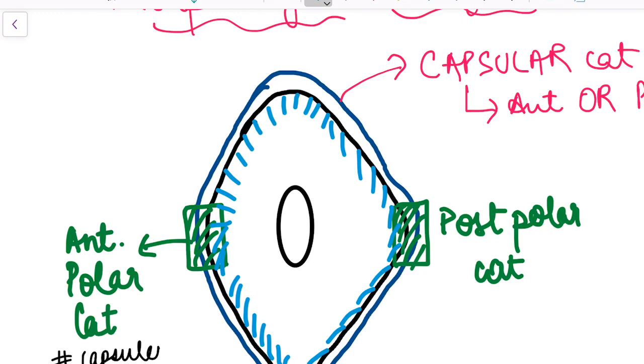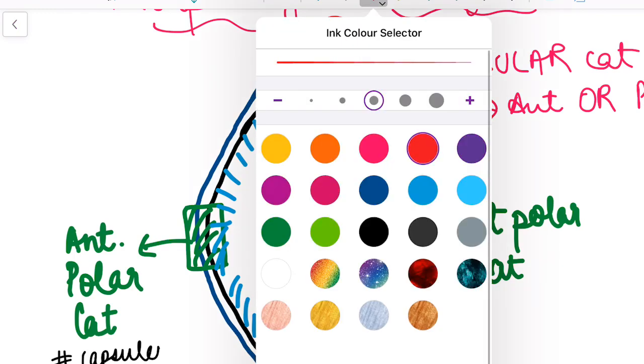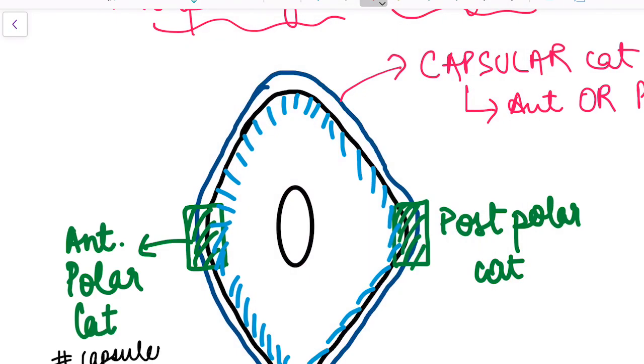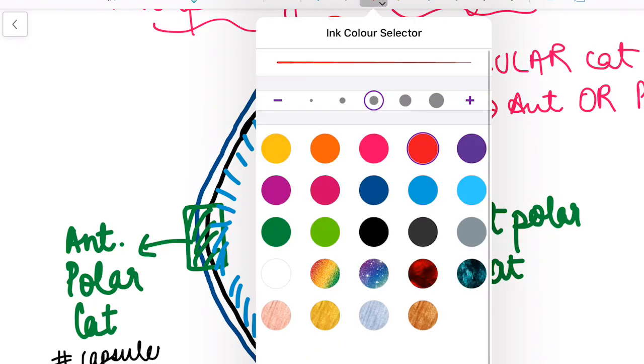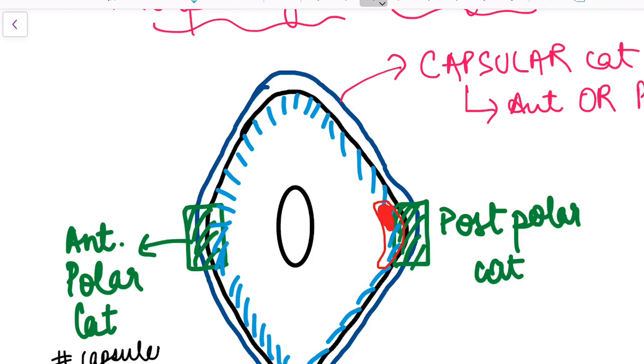Okay, and the important one we need to know is the posterior subcapsular cataract. So if I highlight this area, this area, okay, it is posteriorly located, plus it is subcapsular. So posterior subcapsular cataract.